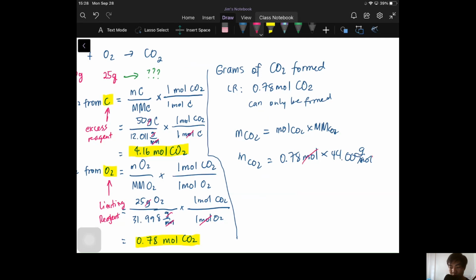Cancel the moles, so you're left with grams, no? Okay, so the final mass of your CO2 that you can form is 34.33 grams only. So hanggang dyan lang karami yung products na pwede magawa, no?